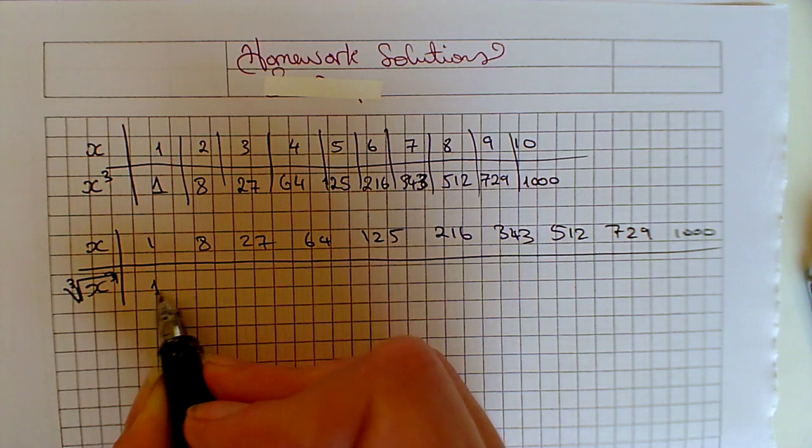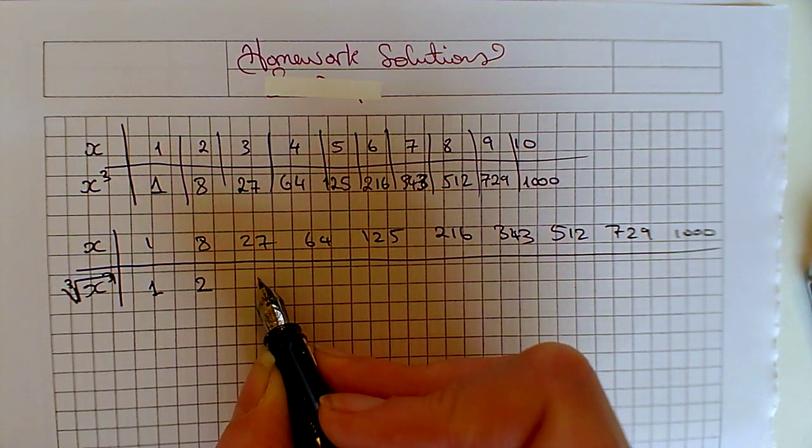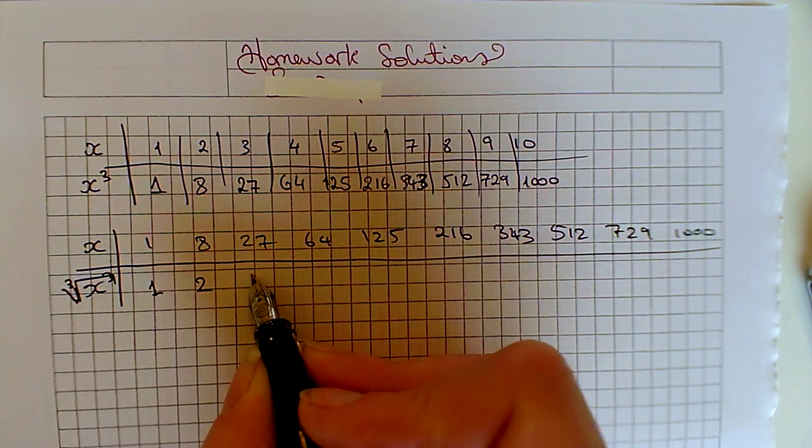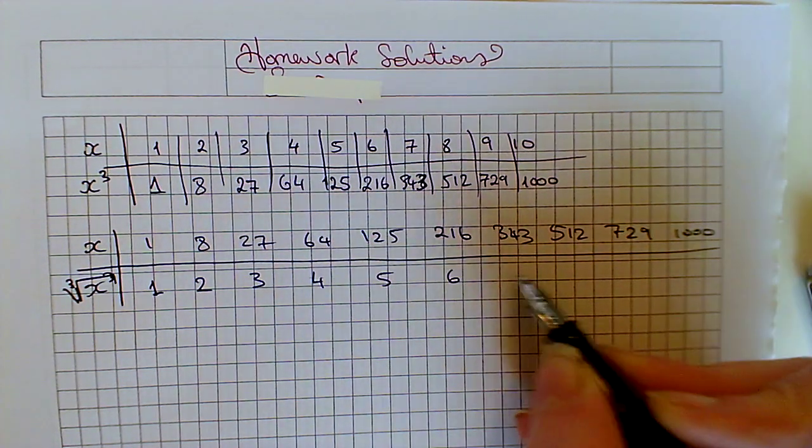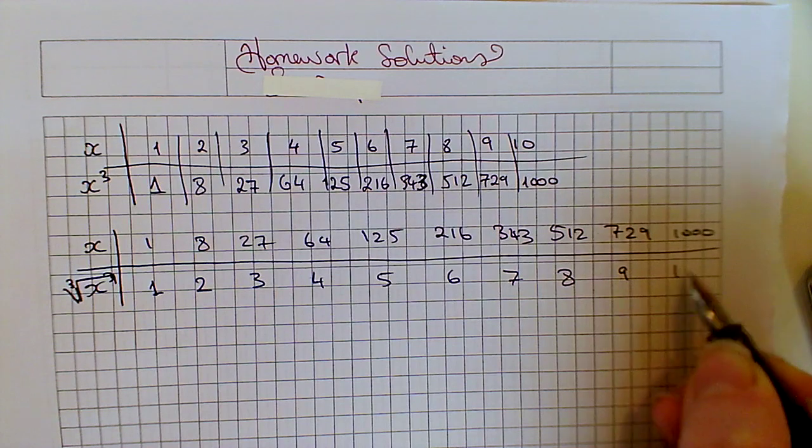So the cube root of 1 is just 1, cube root of 8 is 2, cube root of 27 is 3, cube root of 64 is 4, 5, 6, 7, 8, 9, 10.